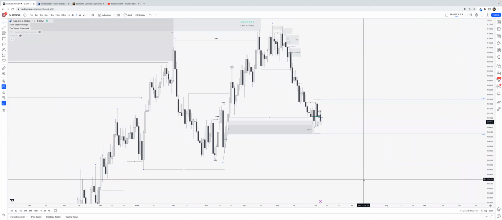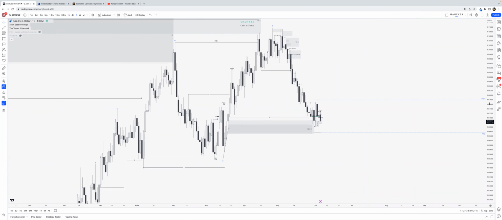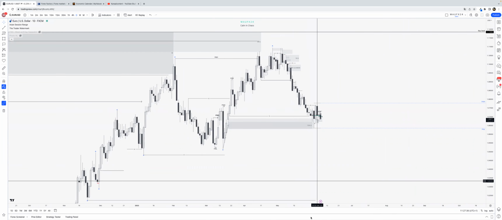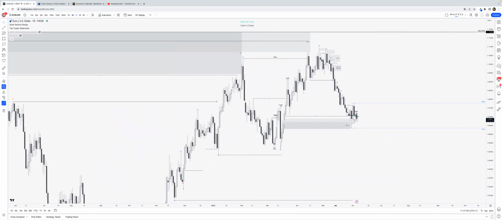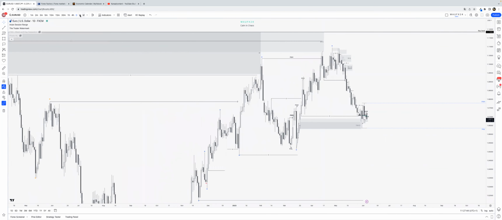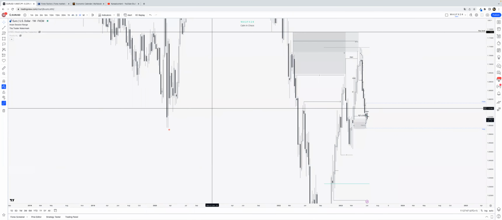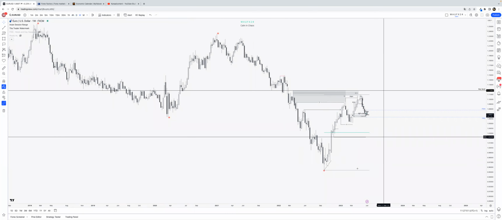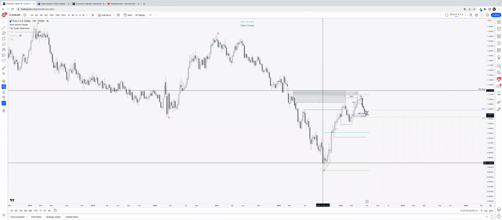So let's break down the trade from higher time frame to lower time frame. If we look at the higher time frame, it's a bit tricky. There's not much reason for a short trade other than, if you go to the weekly, we still didn't reach discount pricing on this overall bullish leg.